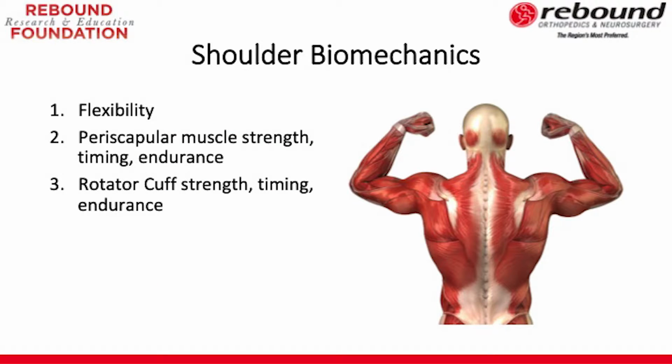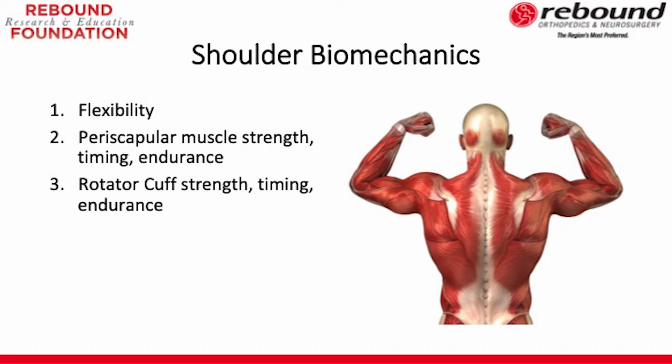In terms of the biomechanics of the shoulder joint, you need to make sure that you have appropriate flexibility. We'll talk about the posterior capsule in a minute, which, as a static structure, tends to be the biggest issue with tightness in this shoulder, at least for overhead athletes.